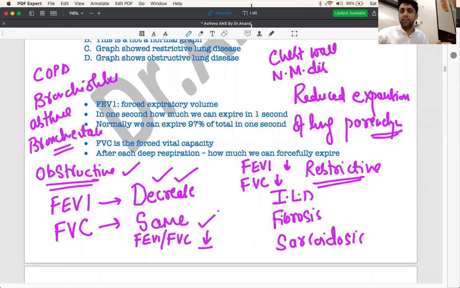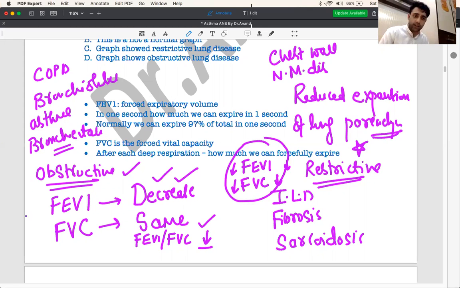So everything will be affected. Even my first second, that FEV1, will be affected, and my forced vital capacity, the whole capacity, also will be affected. The question the examiner had asked was, what happens to the ratio? In restrictive lung disease, the ratio will be the same. Why? Because the numerator is decreasing and the denominator is also decreasing.